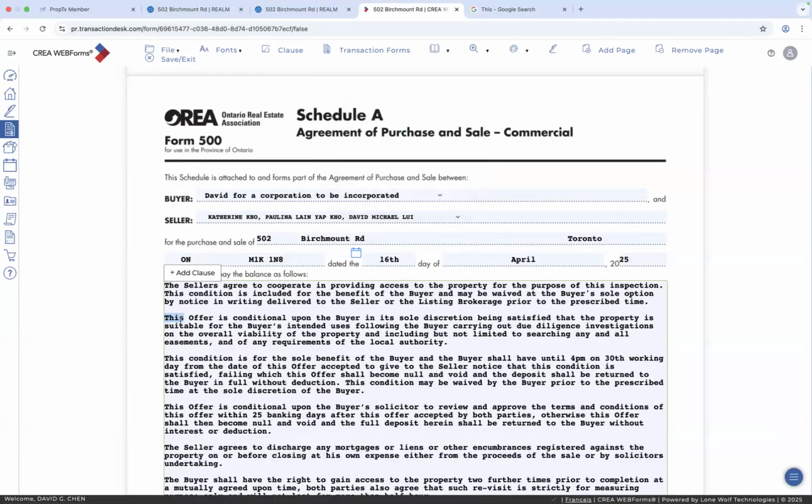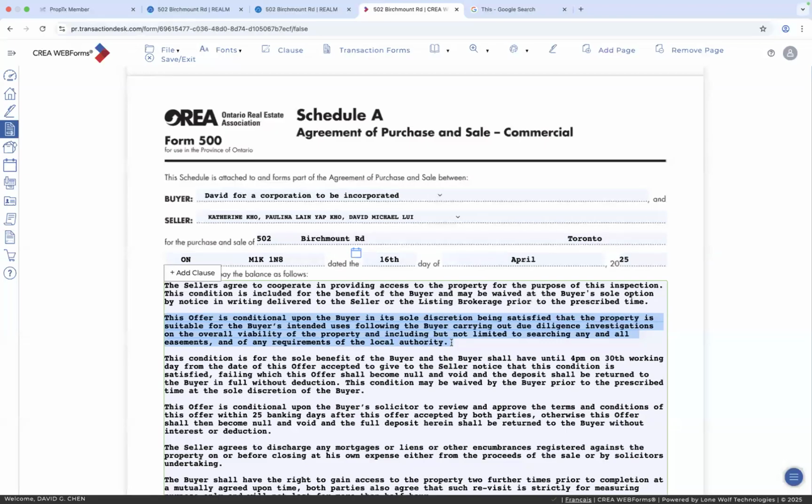This condition, sometimes I remember I did one offer, one Korean seller property. So I use only one condition to cover everything. They called it a due diligence condition. So if you need something like that, please let me know. This condition will be due diligence condition within, let's say, 30 days.